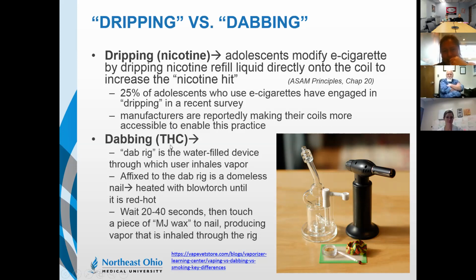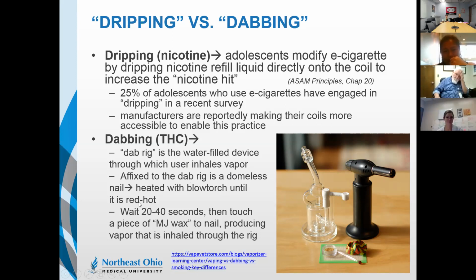And then dabbing is a whole nother science altogether. Dabbing usually refers to THC. And so this little glass thing is called your dab rig. It's like a mini hookah. So it's a water-filled device through which the user inhales the vapor. And then affixed to the rig is this thing called a domeless nail. You actually have to have a little blowtorch. So you heat the domeless nail with a blowtorch until it's red hot.